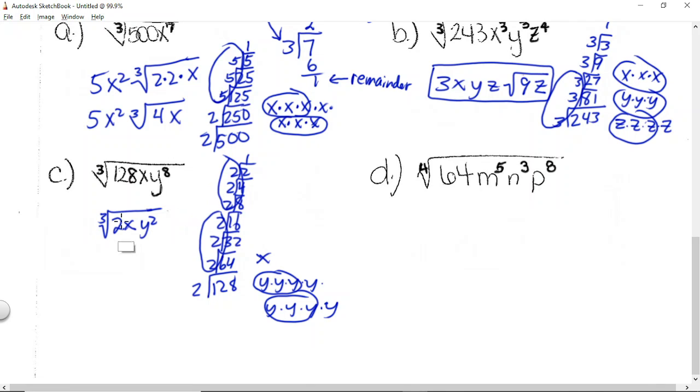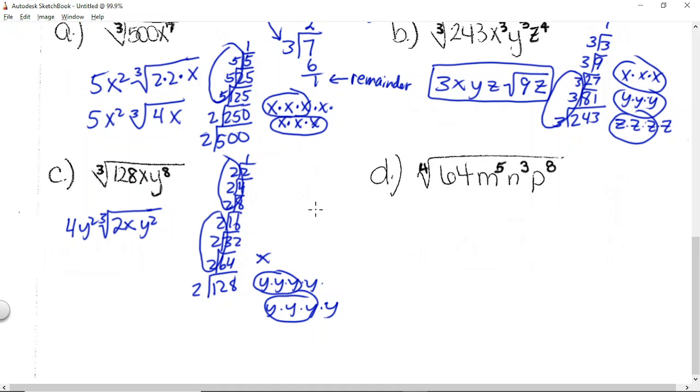So that does give us 4, but we also have outside the radical a y from that group and a y from that group. So that's y times y, right? That's y squared. So that's what I left out. Okay, and then inside the radical, I had that correct. So 4y squared times the cube root of 2xy squared.